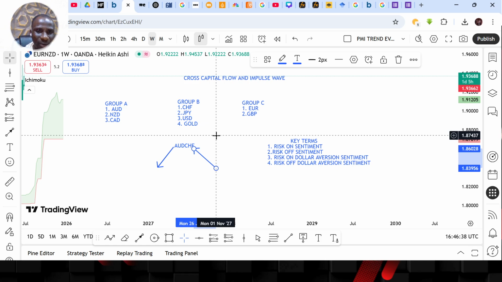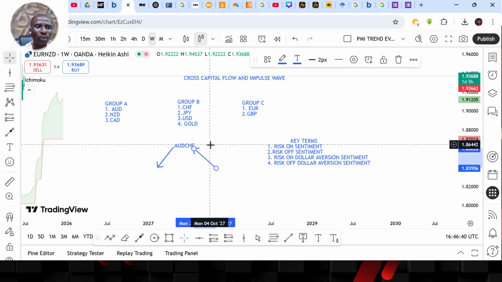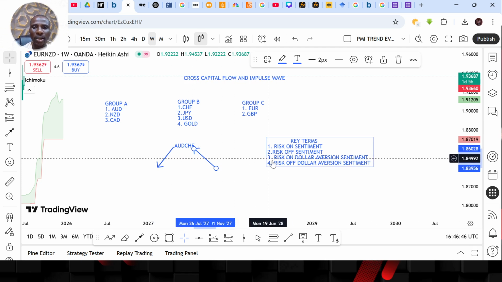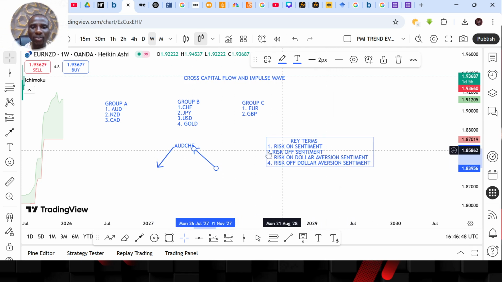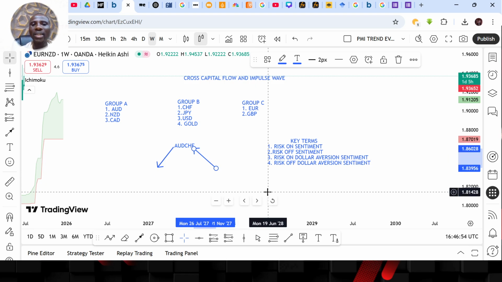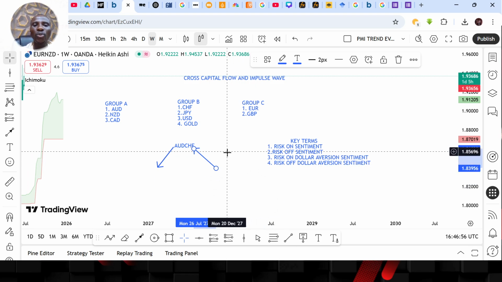Are you getting it now? But for you to really understand and have clarity, I'm going to show you an example. If you are in a risk off, capital will flow away from AUD. If you are in a risk on, it will flow into AUD. If you are in a risk off, capital will flow into CHF.